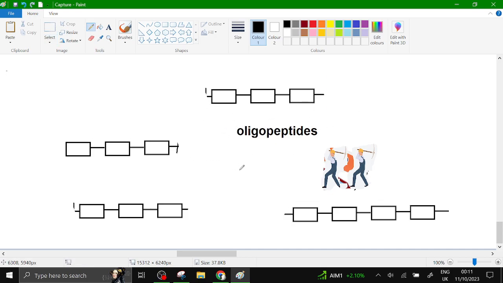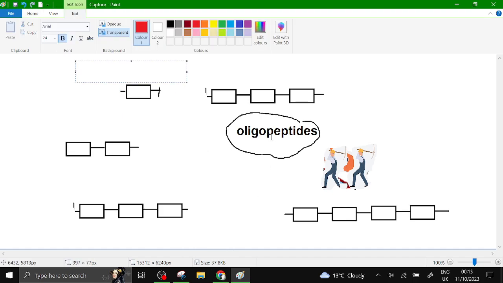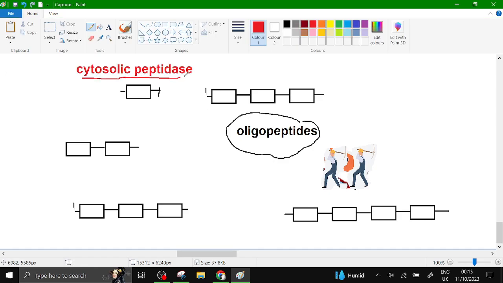So instead of a long strand of peptides, it's cut into smaller strands, and these are called oligopeptides, and these oligopeptides will be further broken down into one block, and this is what we call an amino acid, because eventually protein is made of amino acids. And the name of the enzyme that cuts down these oligopeptides to make amino acids is called cytosolic peptidase, which chops the oligopeptide into amino acids.